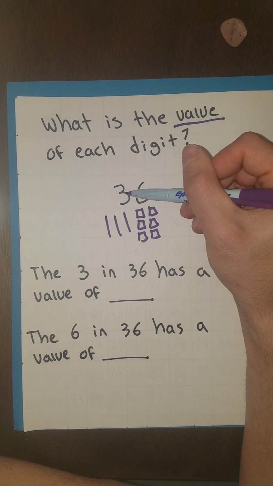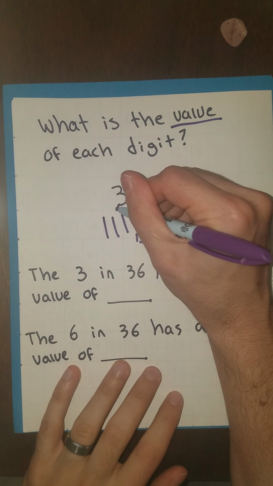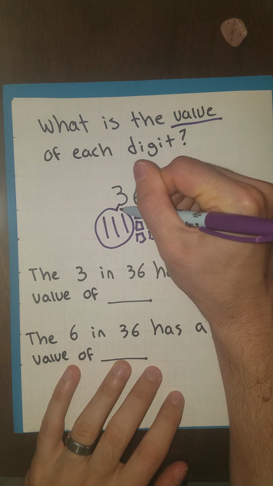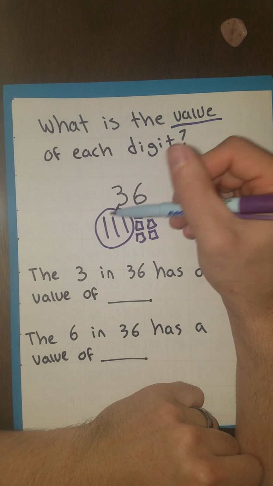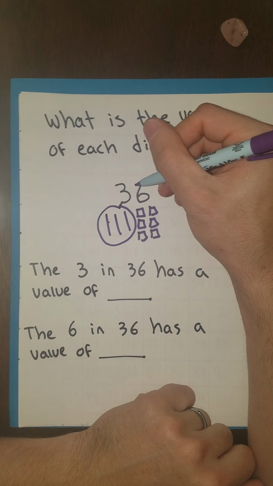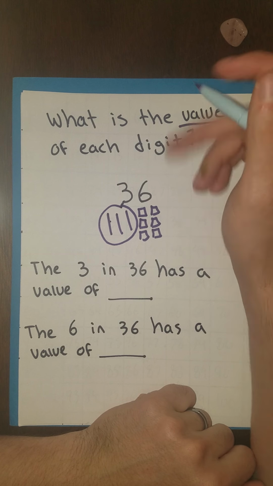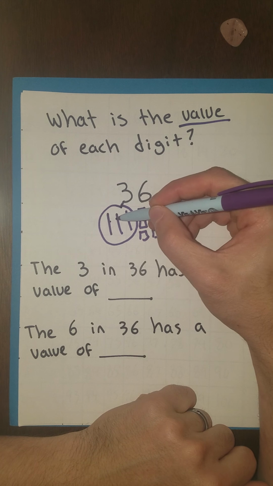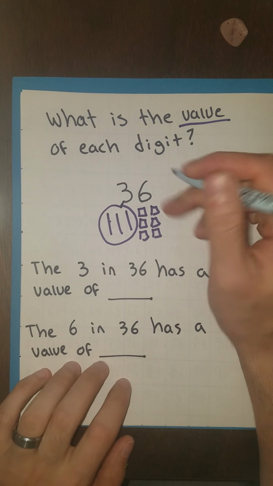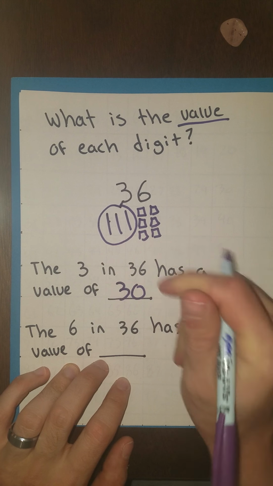The 3 digit in the tens place told me I had to draw 3 tens. And 3 tens is worth 10, 20, 30. So the 3 in 36 has a value of 30.